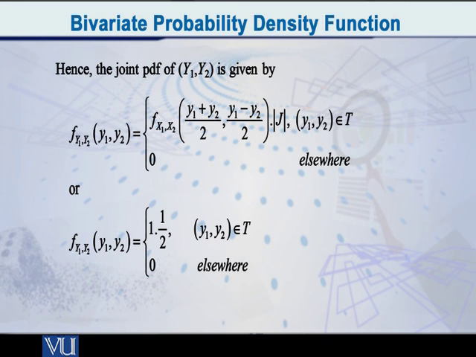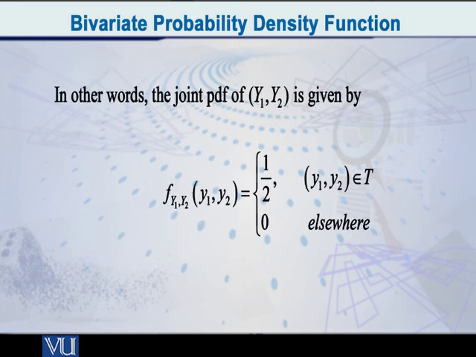So it is as simple as this. 1 into half for y1, y2 belonging to capital T and 0 elsewhere. तो जाहिर है कि 1 into half का मतलब हुआ half, and thus we obtain the final version of the joint PDF of y1, y2. F of y1, y2 at the point small y1, small y2 is equal to half for all ordered pairs y1, y2 belonging to capital T and equal to 0 elsewhere.